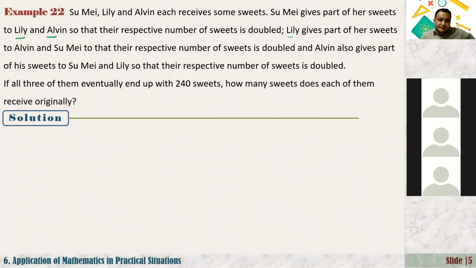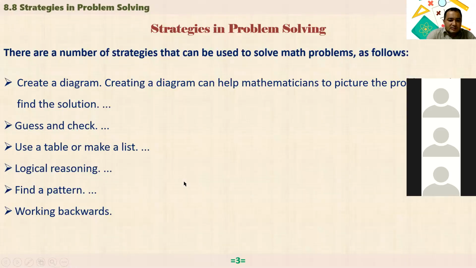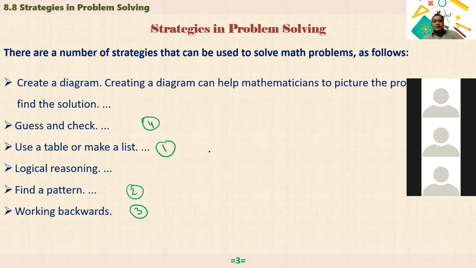All right, guys, what method am I going to use here? I'm going to use this method: find a pattern and working backwards, and use a table. Second, find a pattern, and after that I will guess and check.